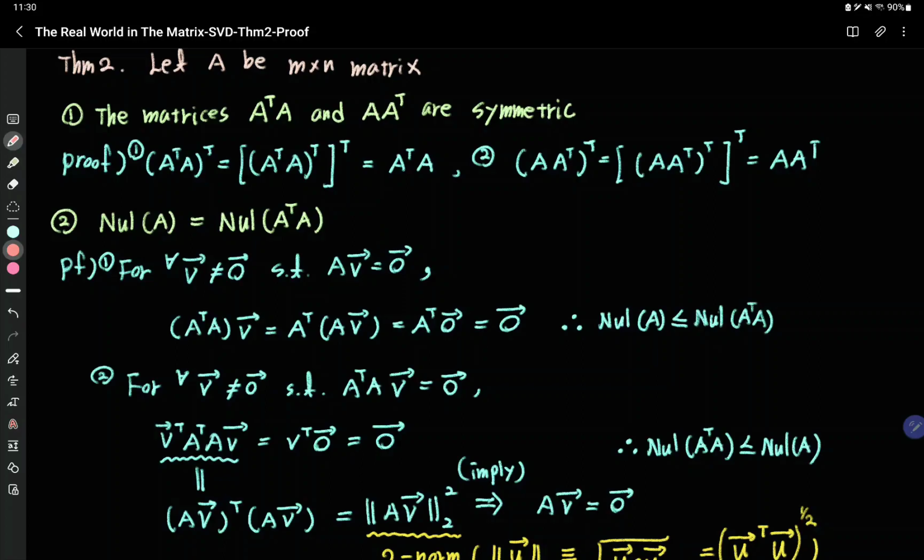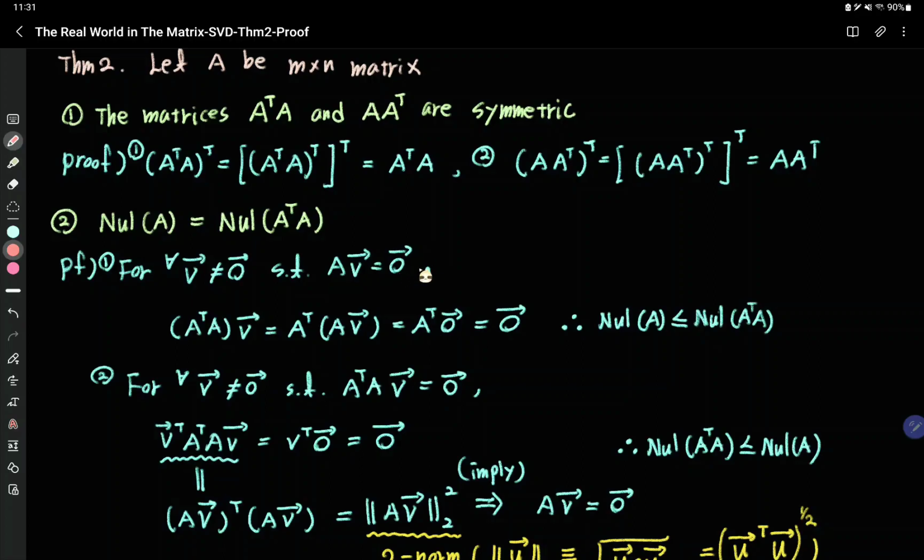So we choose a non-zero vector V that is a solution of the matrix equation AX equals 0. Now we take the left multiplication of A transpose on both sides. So we got A transpose A vector V, and the right hand side is going to be just the zero vector, even though we apply the left multiplication of A transpose.